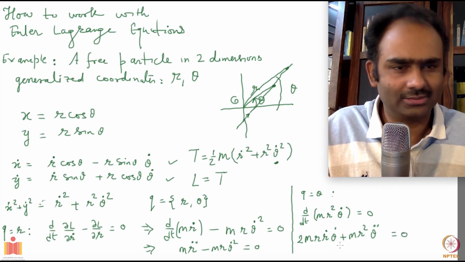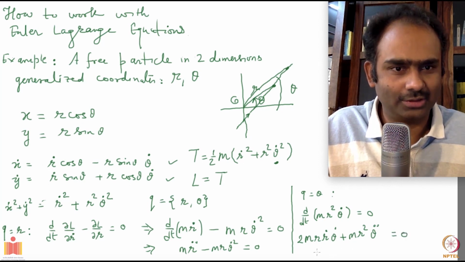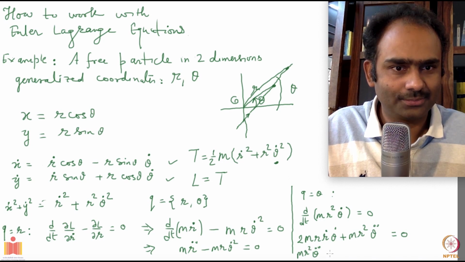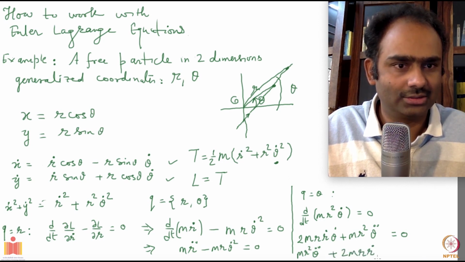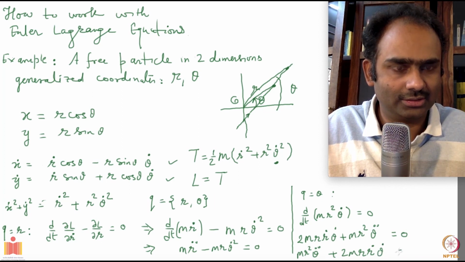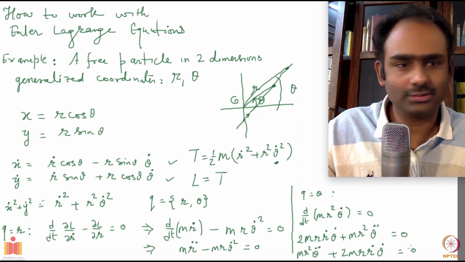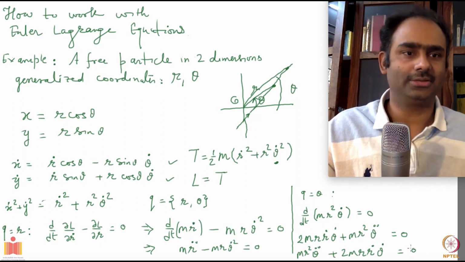Let me write it first, the theta double dot terms and then the theta dot terms. So I get theta double dot m r square plus 2 m r dot theta dot equals 0. Let's check. M r square theta double dot plus 2 m r dot theta dot equals 0. Perfect. Everything is correct.